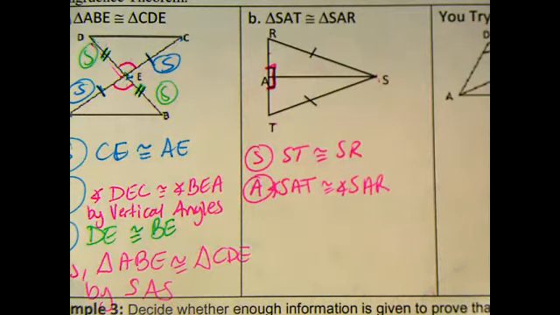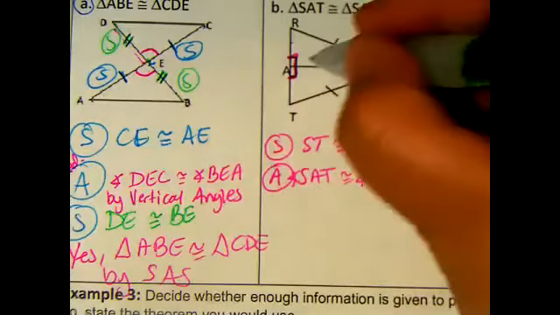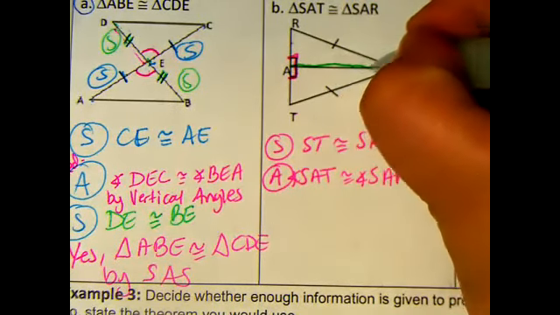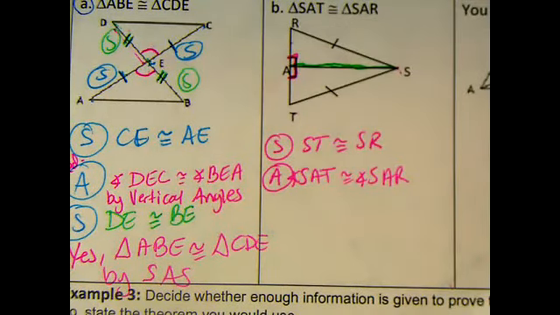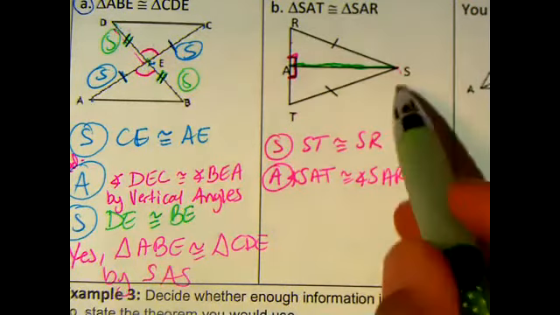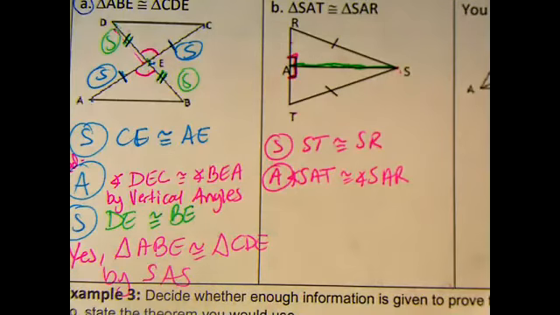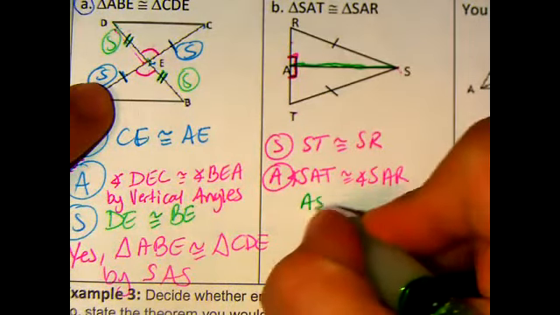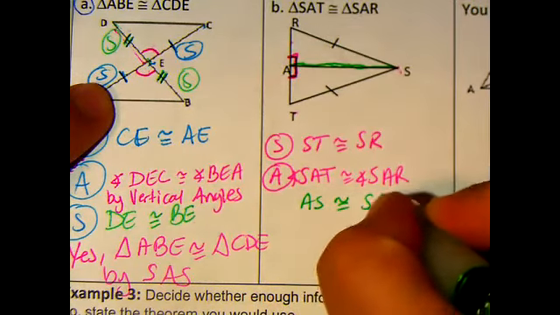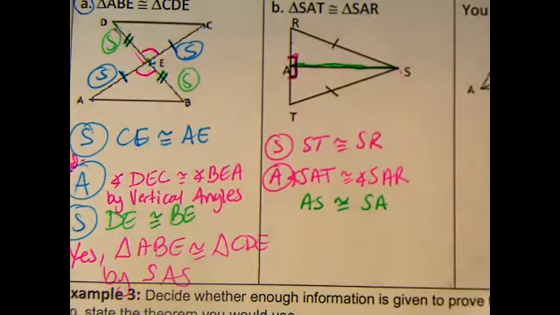What about this guy? What about that? AS equals SA. Why can I say that AS is congruent to SA?